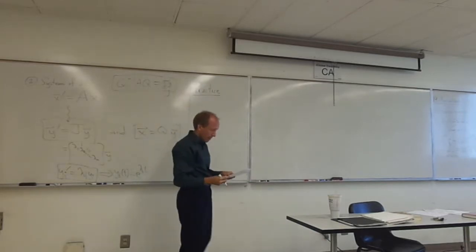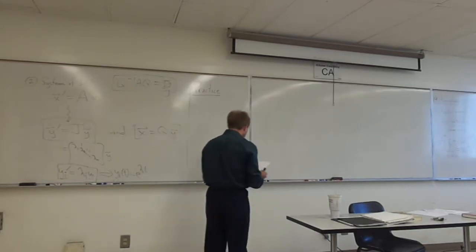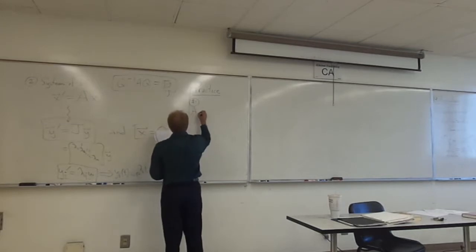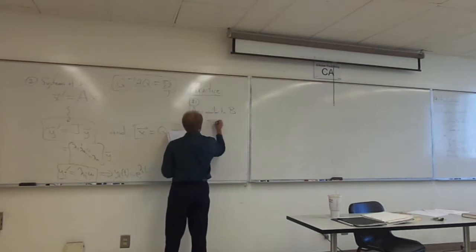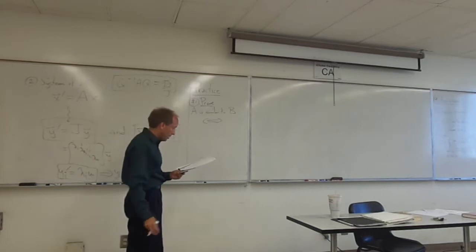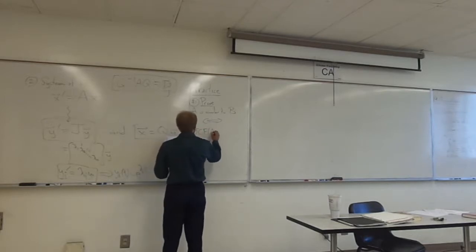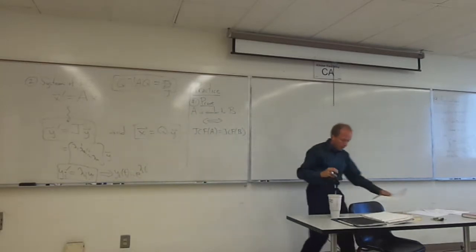Okay, so let's start with this first one here. Prove that A is similar to B if and only if the Jordan canonical form of A is the same as the Jordan canonical form of B. Actually, hold on a second.